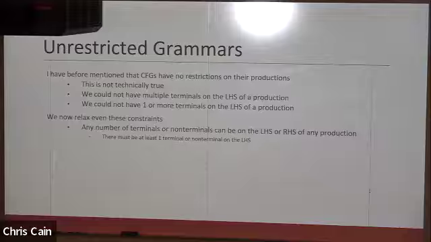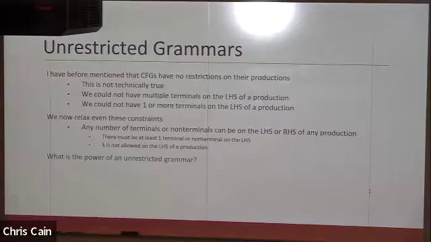We can't have lambda arrow something. That would not work for anything. So lambda not allowed on the left-hand side of the production. The question that I want to query people's intuition for is how powerful is an unrestricted grammar? Let's start with more, same, or less powerful than context-free grammars.